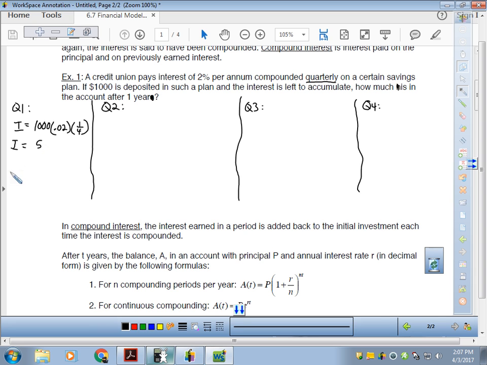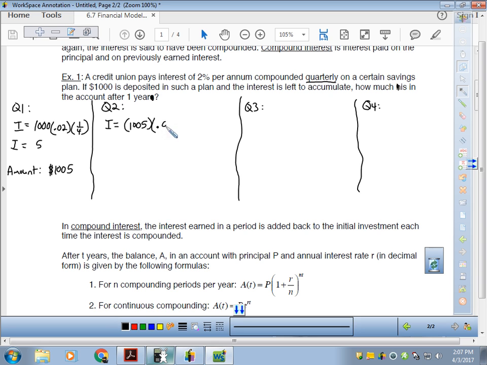Okay. So now, the amount that we have, we take the 1,000 we start with and add this $5 that we've earned in interest. So now we have $1,005. Okay. Quarter 2, calculating the interest. The amount we're starting with now is $1,005.